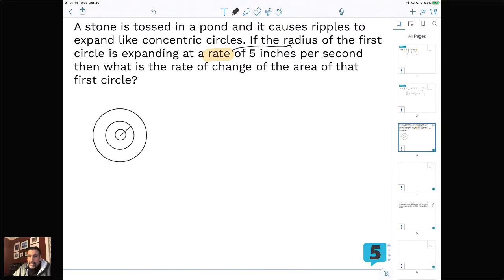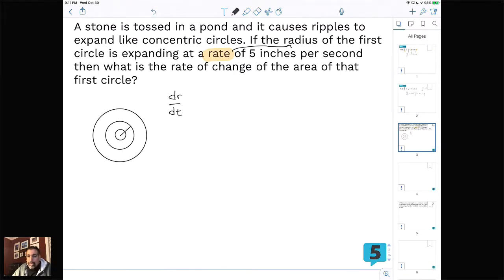The inches measure the radius, and the seconds measure the time. So the way I would write the derivative in this problem is dr over dt, where r stands for the radius and t stands for the time. So the first rate gets translated very quickly to dr over dt.